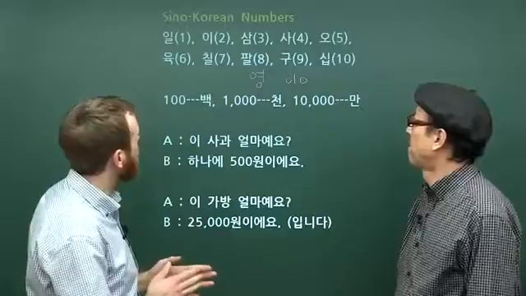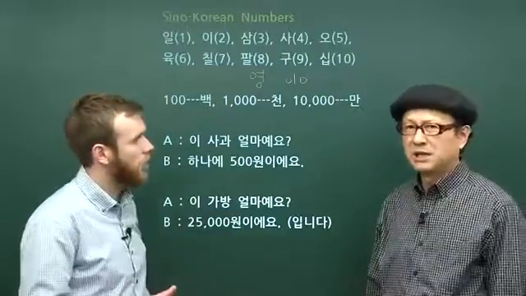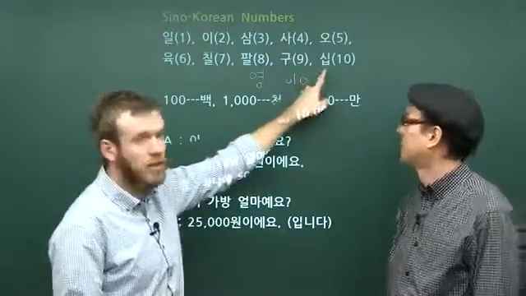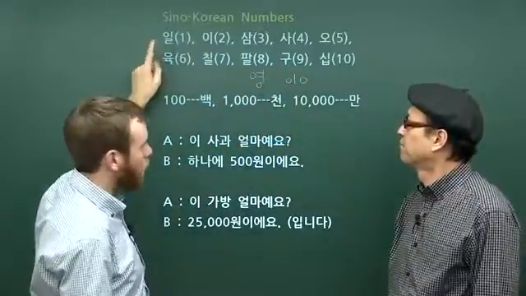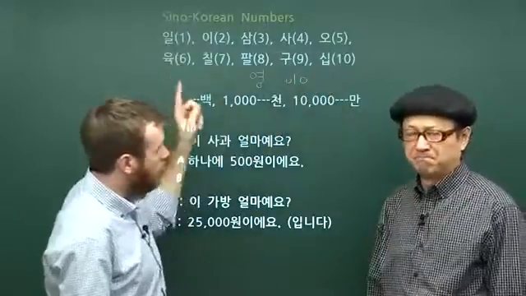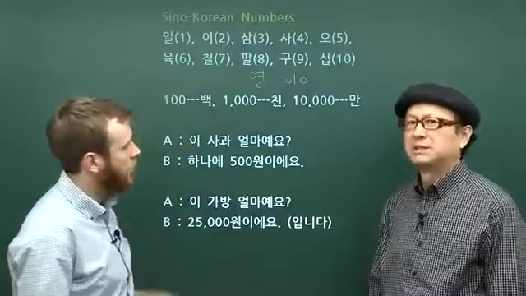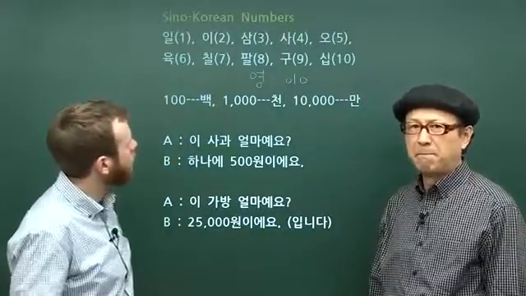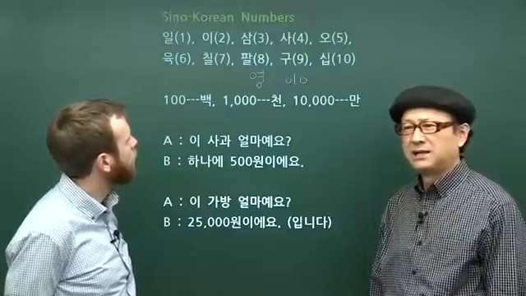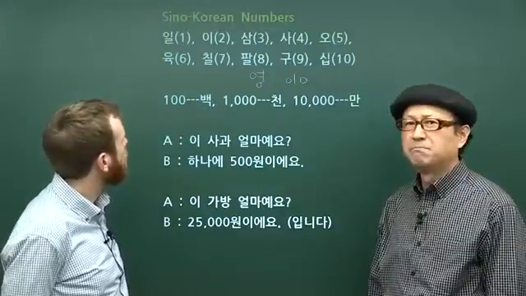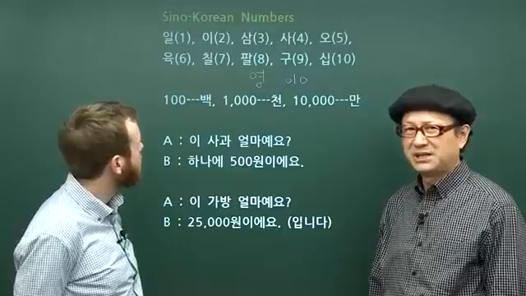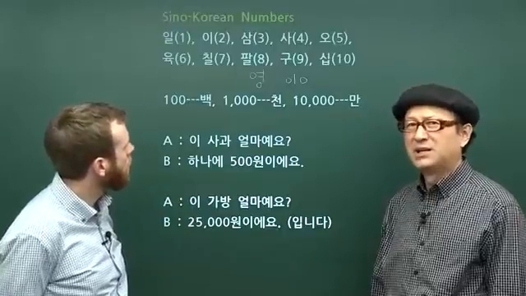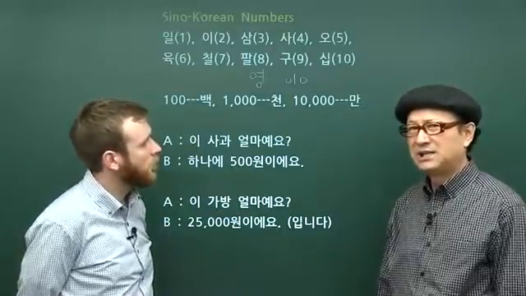Okay, so what would number 11 look like? 10 is number 10, il is number 1. So 10 and 1 is 11. 11, 12, 13, 14, 15, 16, 17, 18, 19, 20.